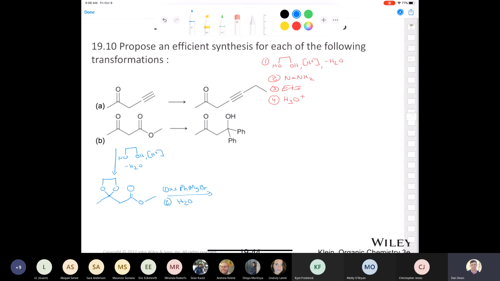Now, if you treat this molecule with H3O plus for your workup, it's not only going to work up the Grignard chemistry, but it's also going to remove the cyclic acetal, and you'll end up producing the desired compound.